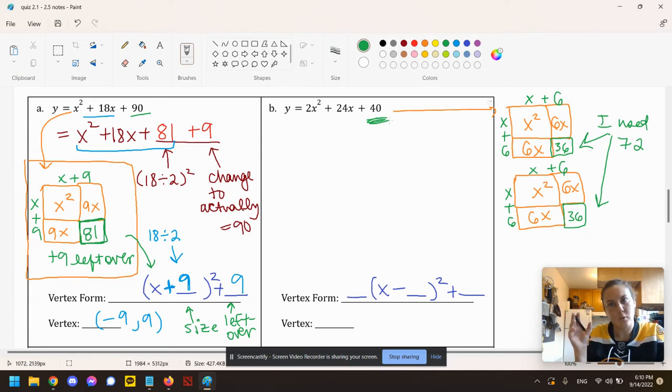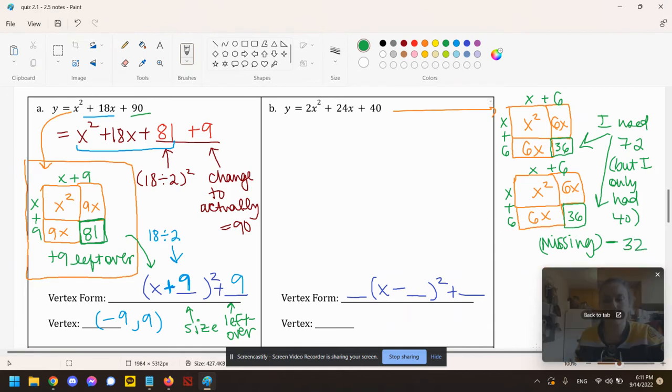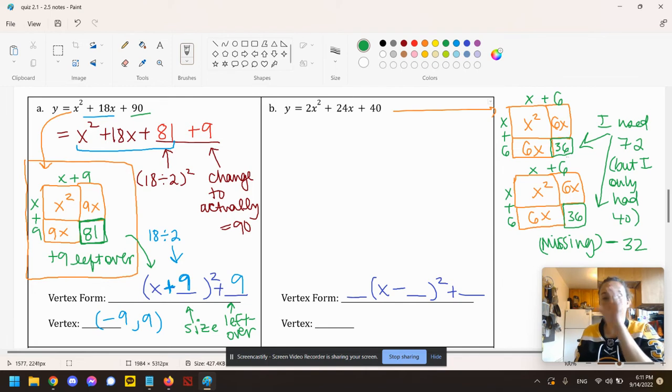But I actually only had 40, which means I was missing what? 32 blocks? I think we can use everything here to fill in our equation.